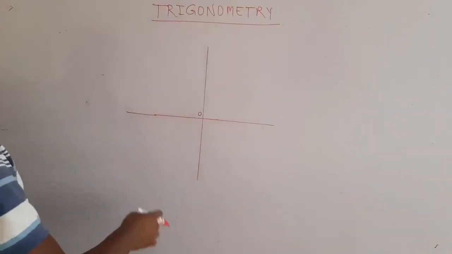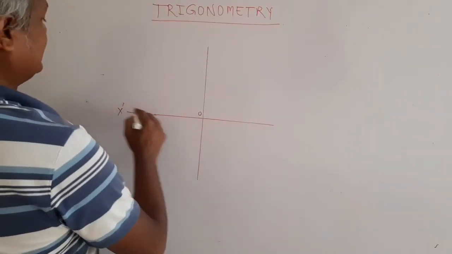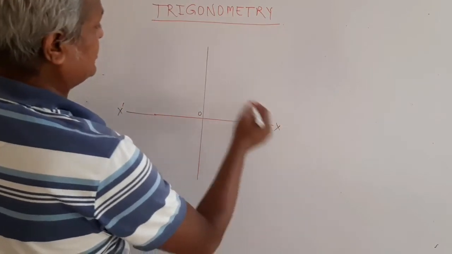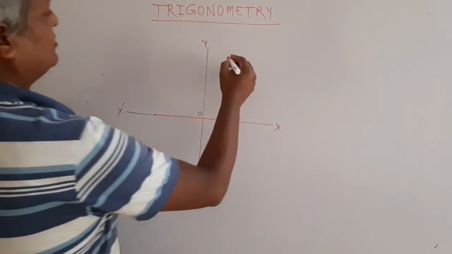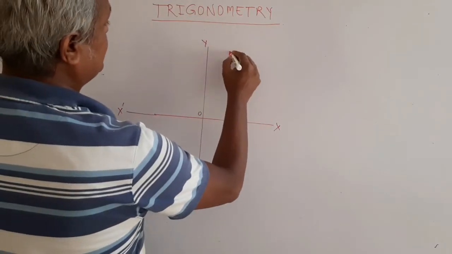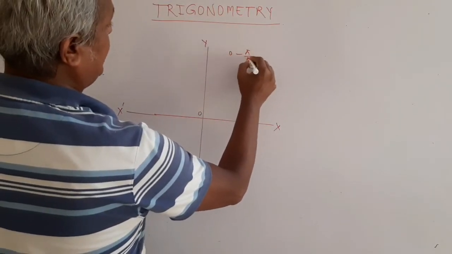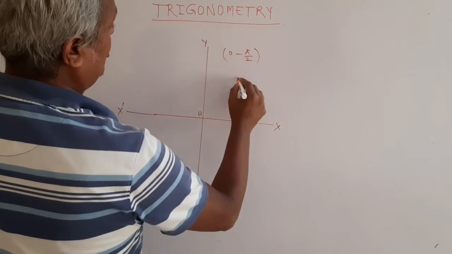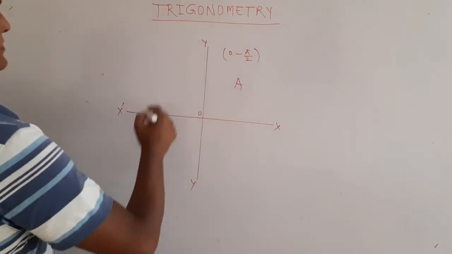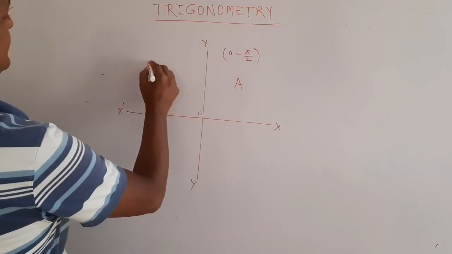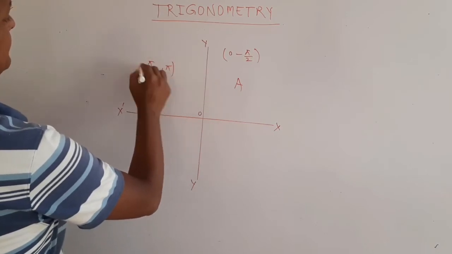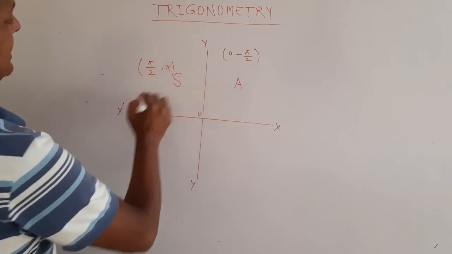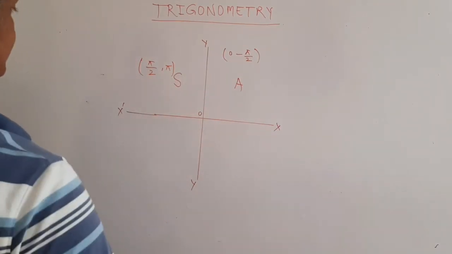So this is my coordinate axis. I call it x dash o x. This is the positive direction of the x-axis. This is y o y dash. So here you saw that in the first quadrant, that is 0 to pi over 2, all t ratios are positive. And here, pi by 2 to pi, only sine and its reciprocal are positive.